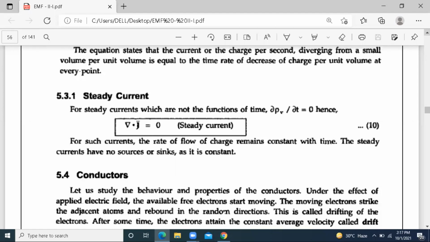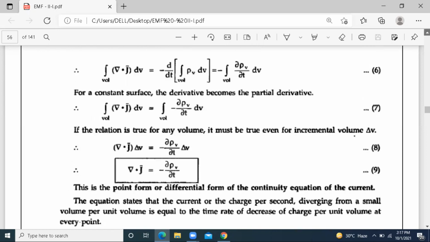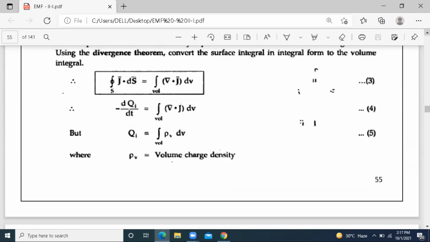You just have to review the divergence, because it's a straight substitution from the divergence theorem. Yes, this is a straight substitution.